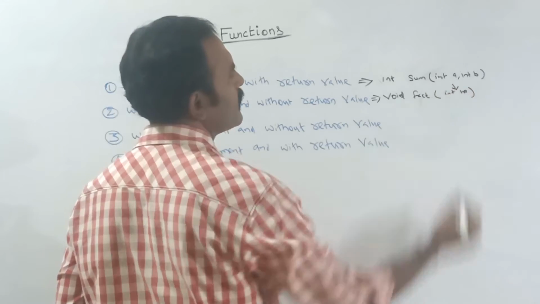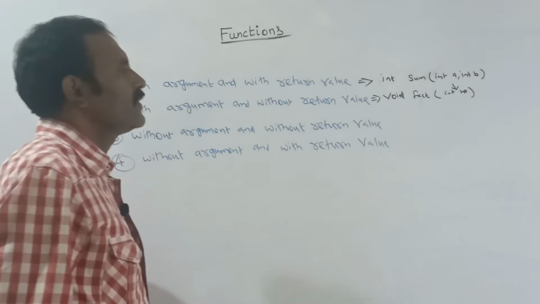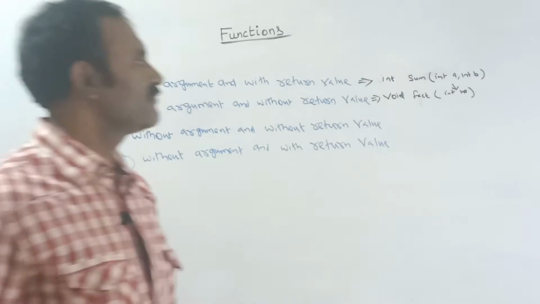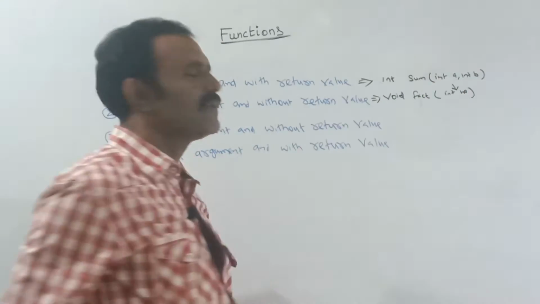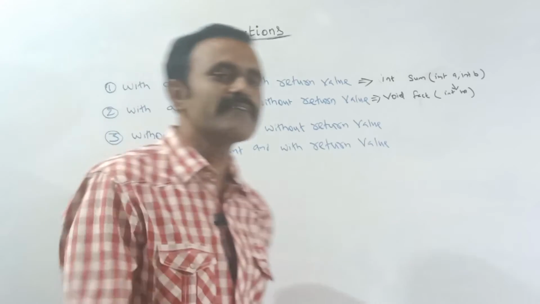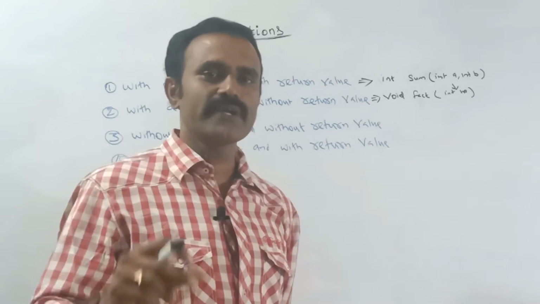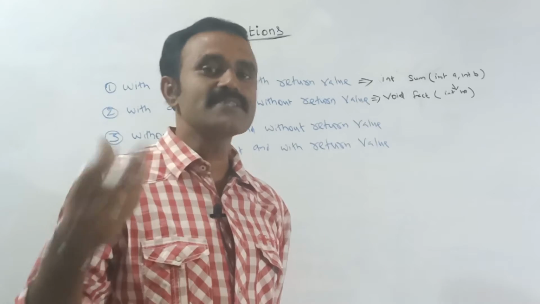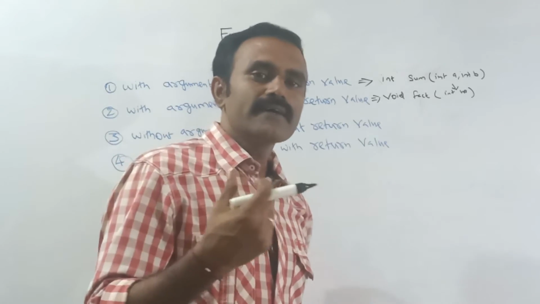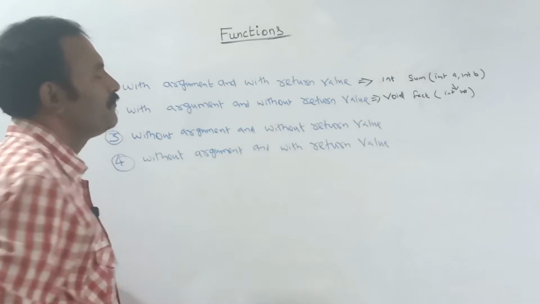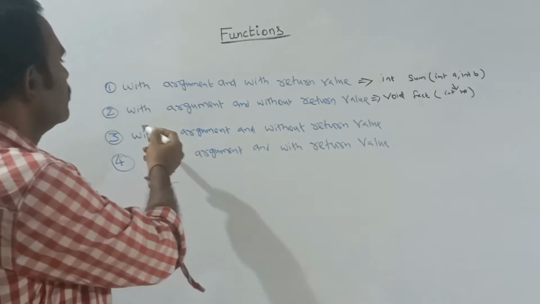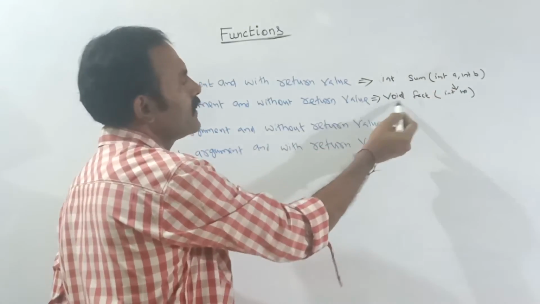Here it is a single argument, the number whose factorial we need to find. Suppose you want to find 3 factorial and you pass the value 3 to the function. A void function will not return the value. After finding the factorial, from the function definition itself, it gives the answer. So this kind of function is with argument and without return type.